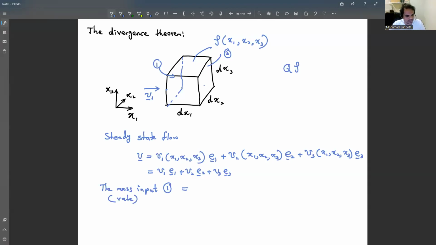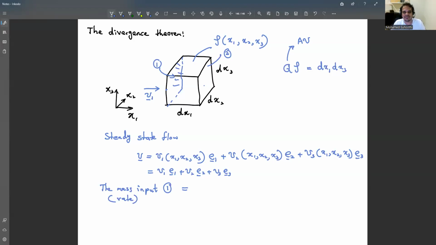So the flow rate is the area of this face, that is dx1 into dx3, right? So what is Q? Q is actually area into velocity, right?